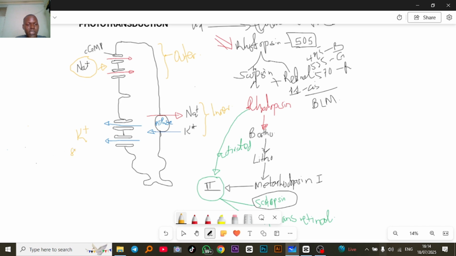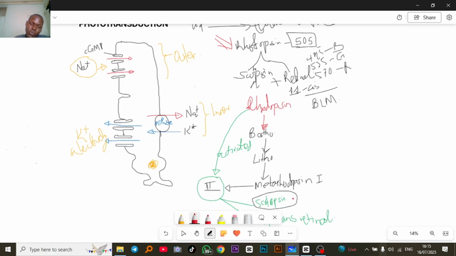Those are both in the inner segment. This is the cell body where I have the nucleus and the synaptic part. Back to the point, we have scotopsin, which is going to cause the changes.